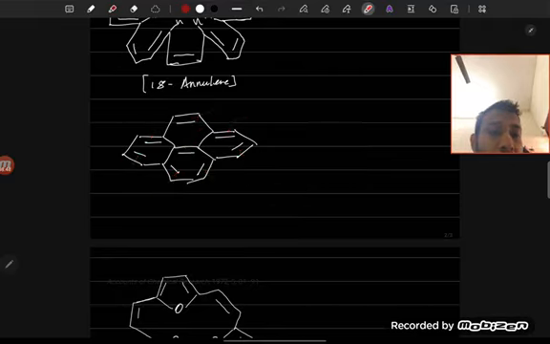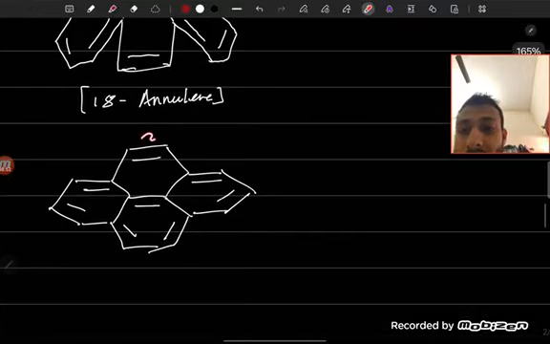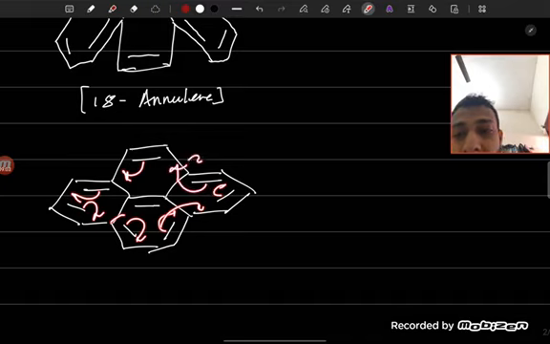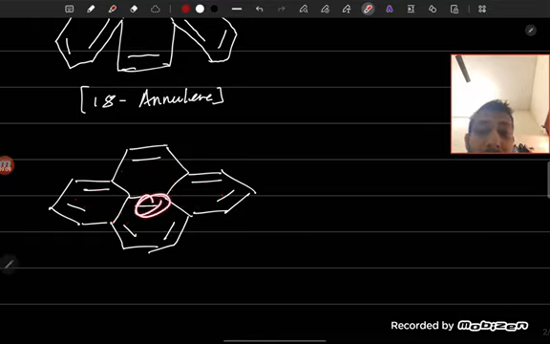but that's not the correct picture, because if we look at the diagram, what it says, this pi bond moves here, it moves here, and it moves here. So this pi bond is not taking part in the peripheral resonance, and if this pi bond takes part in the aromatic resonance, then the aromaticity of the compound decreases.